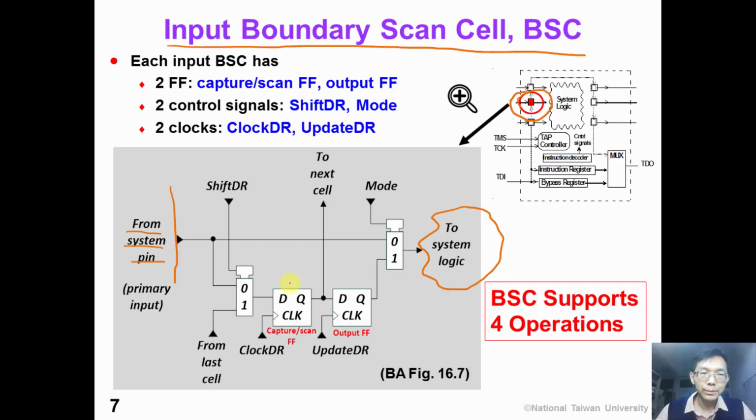In this input boundary scan cell, we have two flip-flops: the capture/scan flip-flop and the output flip-flop. We have two control signals, shift DR and mode. We have two clocks, clock DR and update DR. Altogether, we can support 4 different operations using an input boundary scan cell.